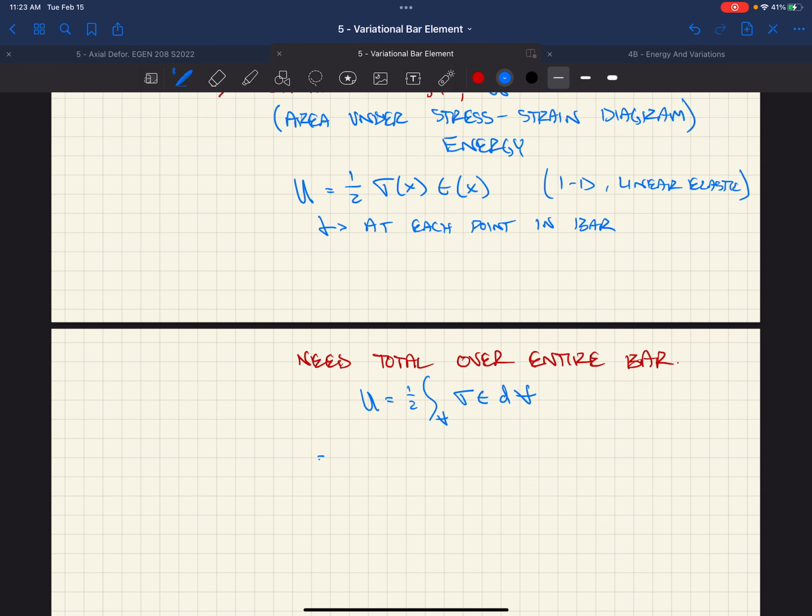I'm going to say this really equals 1/2 the integral over each of our coordinate directions, so 3 integrals, of stress times strain times dy times dz times dx.